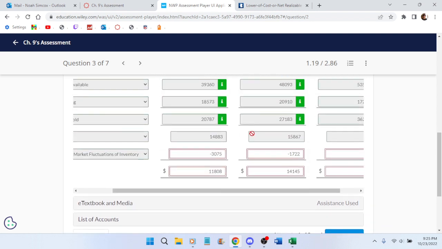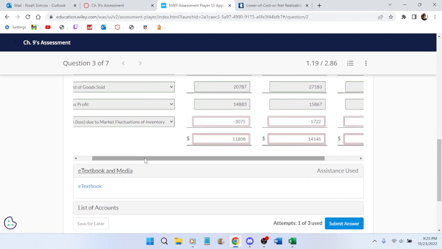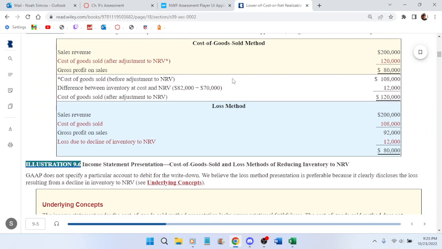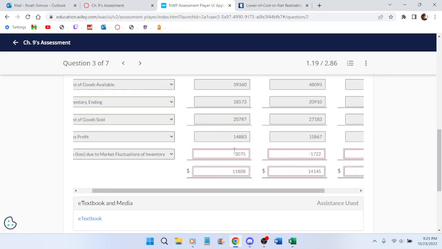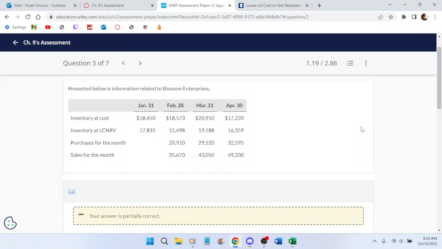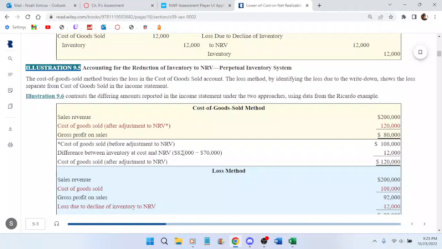How? And then this, your gross profit, I followed the book exactly. It says gross profit. You subtract the loss, which I'm doing right. My math wasn't wrong every time. What are the chances that I made a mistake every time by doing this minus this? Inventory at cost, inventory at this. Inventory at cost and NRV.